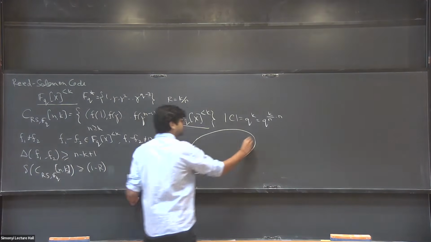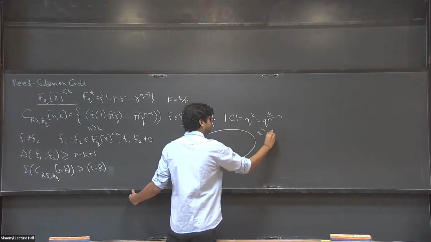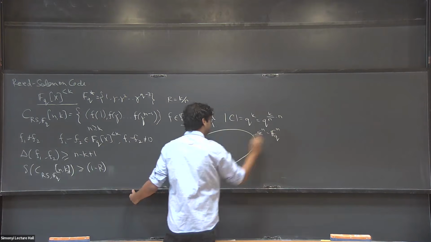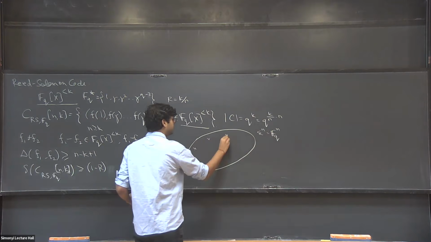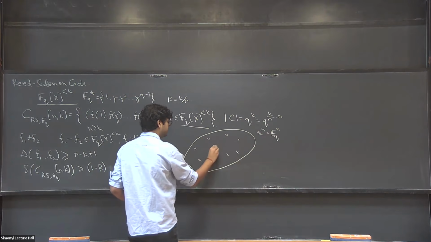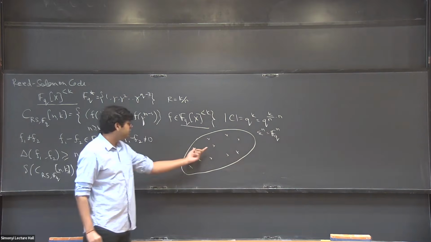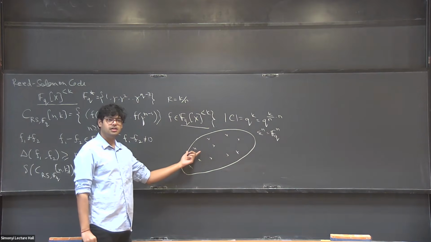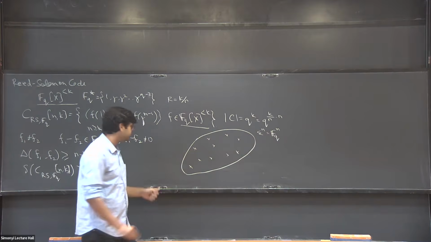Okay. So if this was the entire space, thinking of sigma as F_q, then maybe these polynomial evaluations are going to be strings that are all separated from each other. So any two distinct points will be at least 1 minus R distance away in Hamming distance.